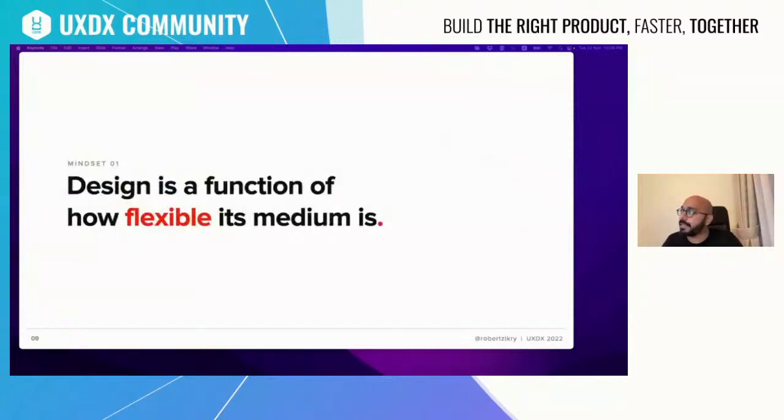So the thing with design right now, in any form of design or problem solving, is that it's always a function of how flexible that medium is. So the less flexible or malleable that medium is, the more difficult it is to see the product being iterated on. And sometimes we're designing for atoms, like bridges or architecture or a mug or a chair.